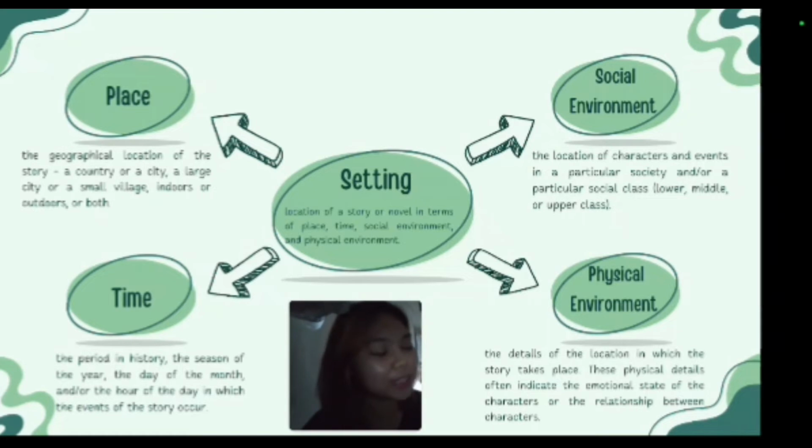Setting does not only talk about places, so that's what you have to take in mind: settings are not just about the places where the story happens, but also the characters, because again all of these have huge influence and significance on the characteristics and the storyline's events.